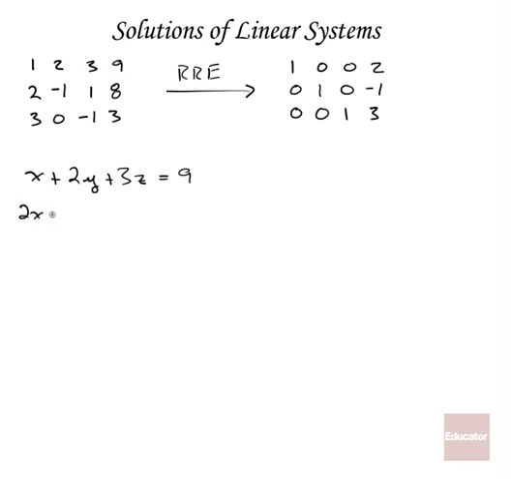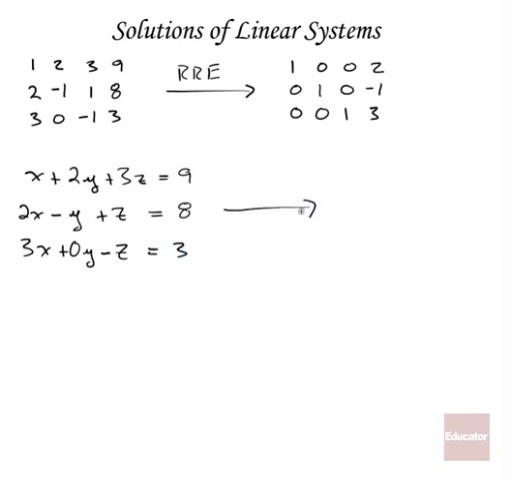And then 2x minus y plus z equals 8. And then 3x plus 0y. You don't necessarily have to put this there. I like to put it there simply because for me it keeps things in order, in line, and it just keeps things consistent. Minus z is equal to 3.